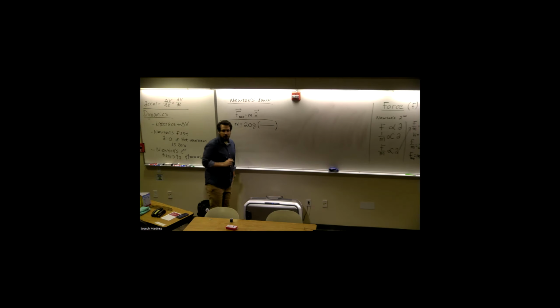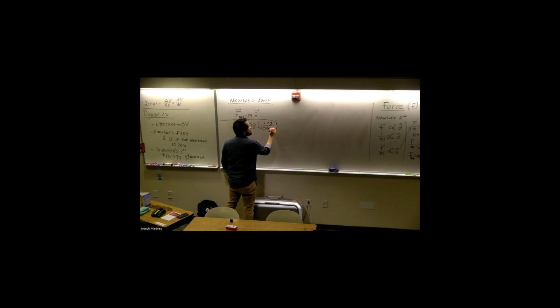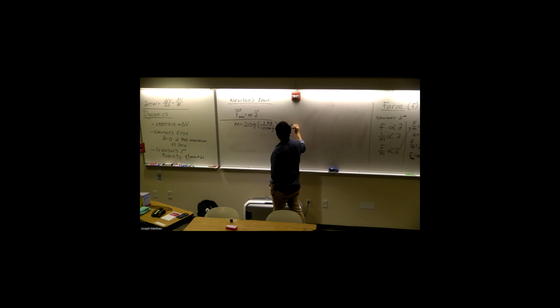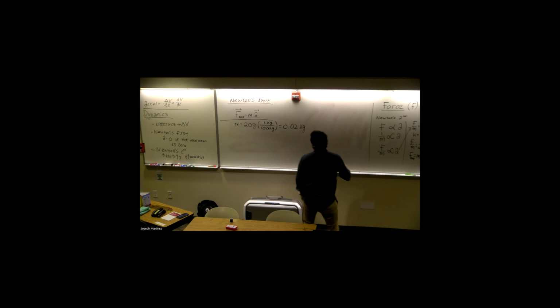Let's go ahead and do this practice. We say 1 kilogram is 1,000 grams. With this unit conversion, that makes our 20 grams equal to 0.02 kilograms. And in fact, this is exactly 20 grams, so I should even probably write 0.020 kilograms for significant figures. Sound good?